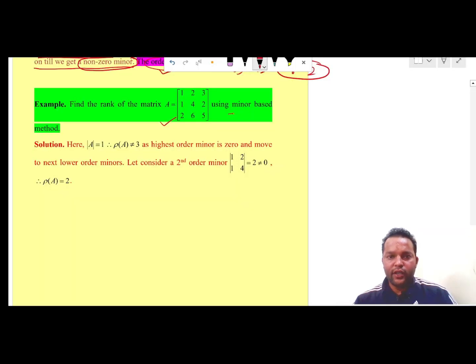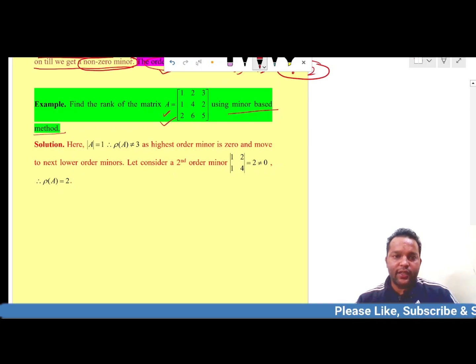Let us find the rank of this matrix using the minor based method. The working process is, we have to start with the highest order minor. In this case, the highest order minor of this matrix A is the determinant of this matrix, and we have to find its determinant.